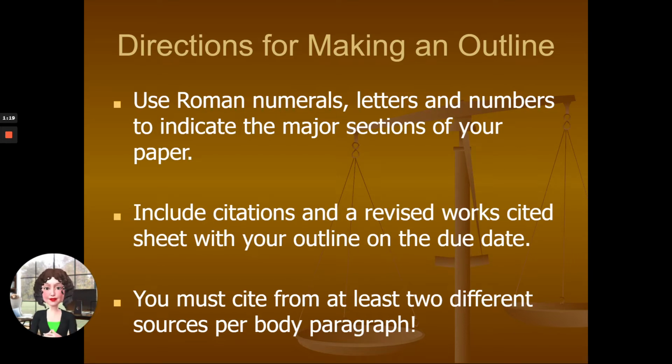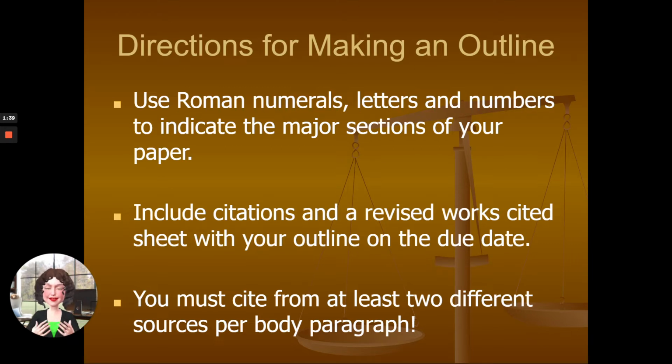Roman numerals, letters, and numbers are used in formal outlines, and you may be asked to do this for a future research paper in college. So that's why we are practicing with it now. You should include citations and a revised works cited sheet with your outline on the due date.